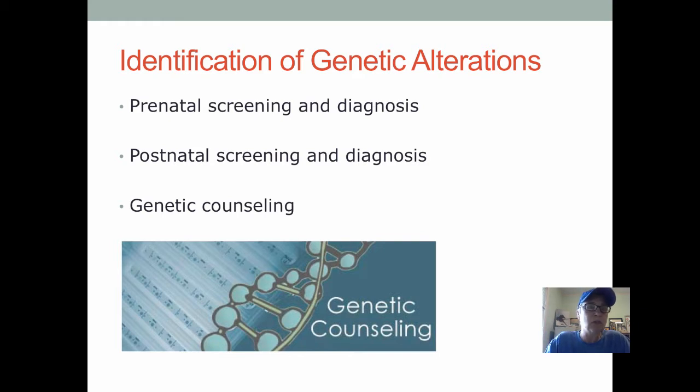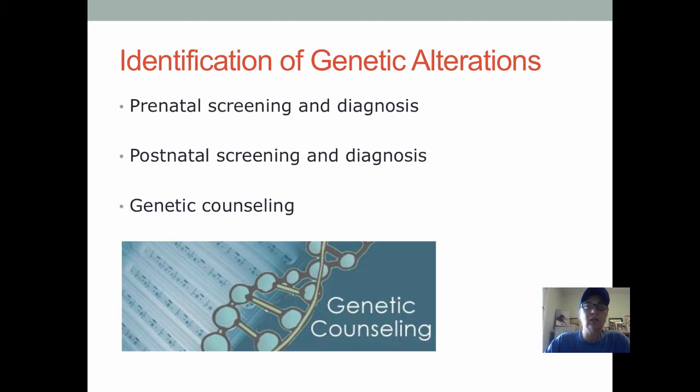Sometimes you're just at a higher risk because you know something about your family. If I knew I was a carrier of Huntington's, then I might do screening. Sometimes you just do it because you're older and they're looking for Down syndrome. There are other tests that can take you a step further, to decide whether or not you need amniocentesis. They can tell things from the blood as well.